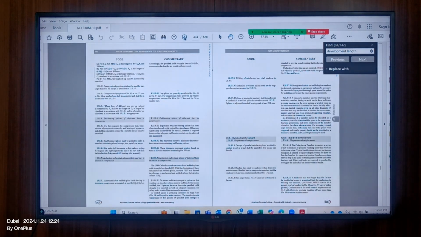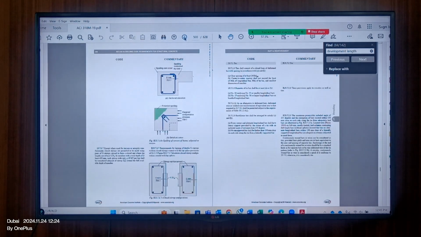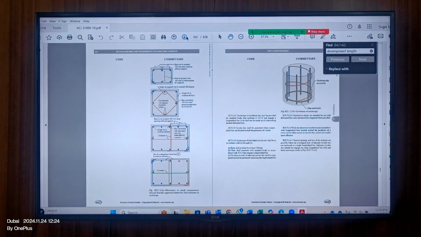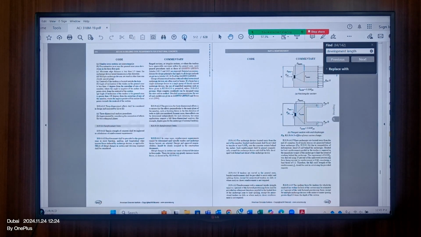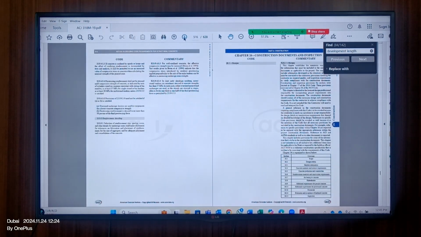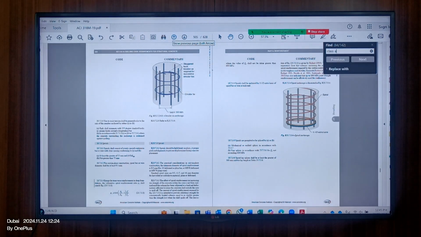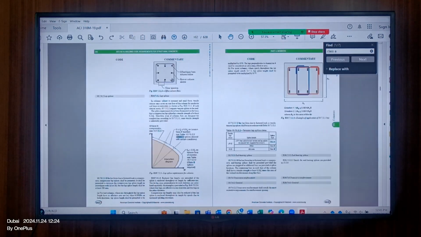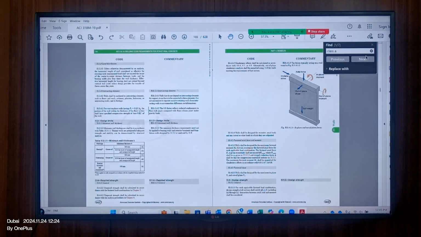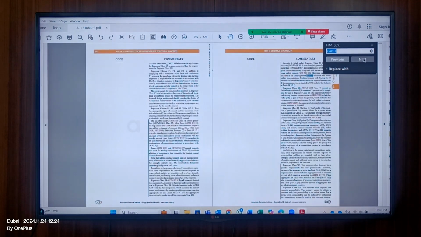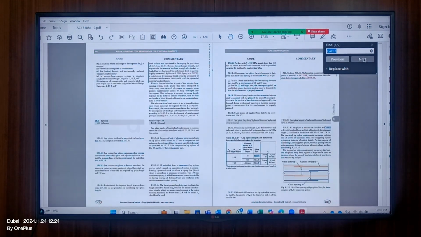This is graphical. I remember this table number. Yeah, here. Can you see the table here?